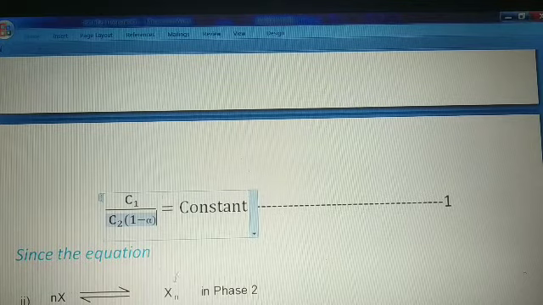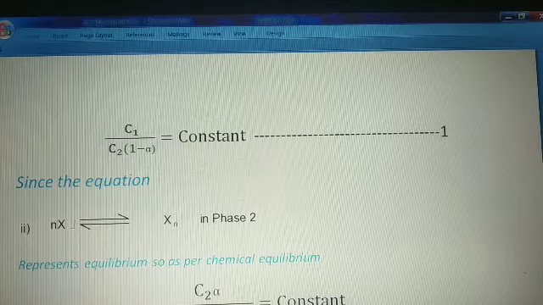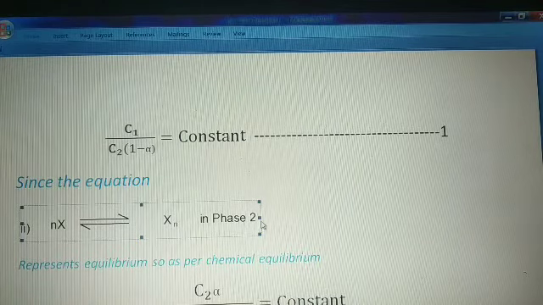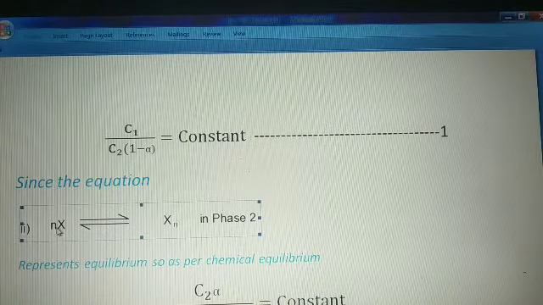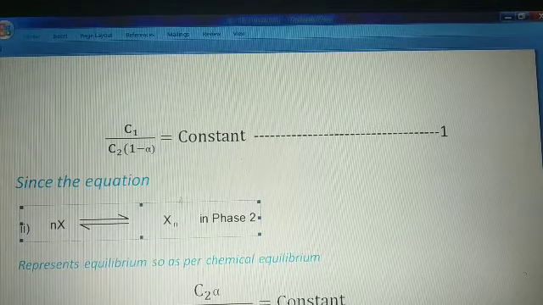This equation is modified a little for the second phase, since some of the molecules are associating. So there is an equilibrium between the associated and unassociated molecules.